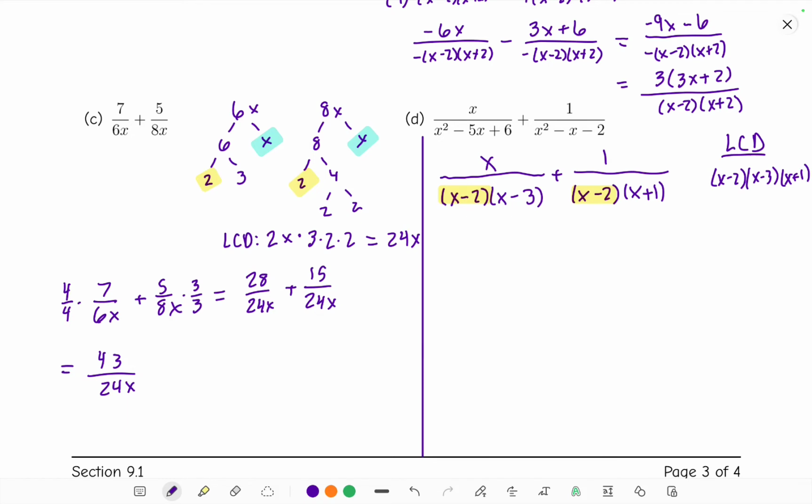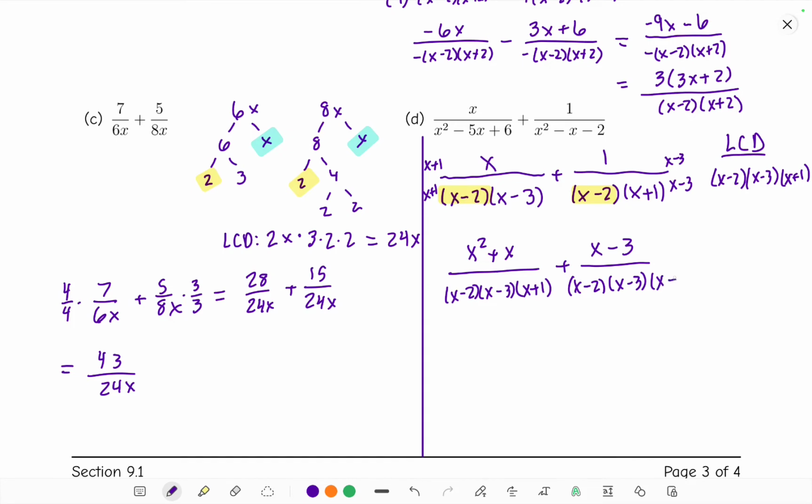So that means I have to multiply the first one by x plus 1 over x plus 1, and the second one by x minus 3 over x minus 3. So then we get x squared plus x over x minus 2, x minus 3, x plus 1, plus x minus 3 over x minus 2, x minus 3, x plus 1.